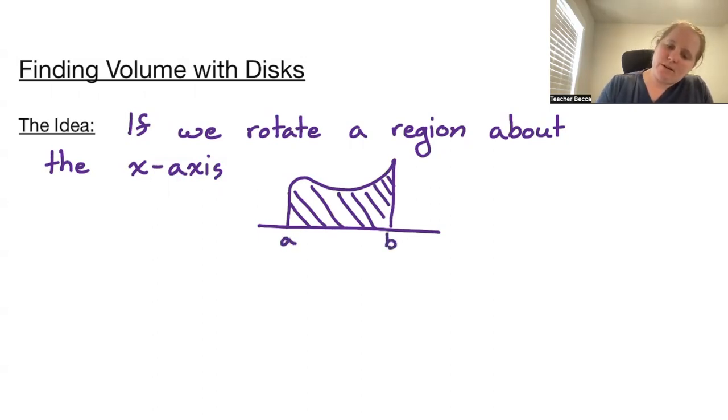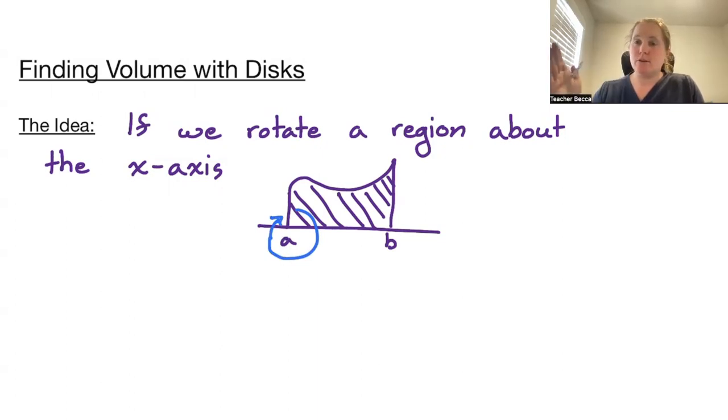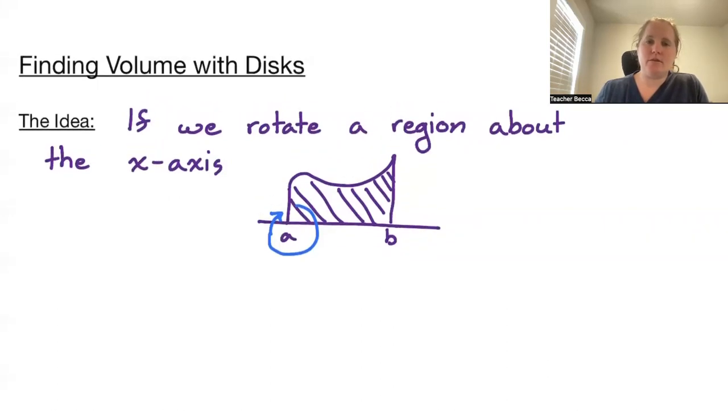If we rotate this region about the x-axis, we can break it into vertical slices, which might, if they are solid, form disks.